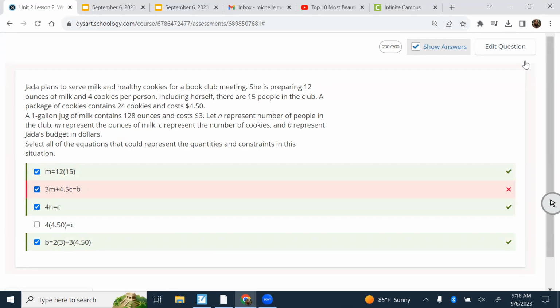But we're not paying for the ounces of milk, we're paying for the container of milk and M specifically is ounces of milk. So I knew that one was funky, but I was just like, whatever, I don't see where else it was breaking it down, but it does break it down over here. He wants 12 ounces of milk per person, but we're not charging by the ounce, we're charging by the container. So don't get that one.